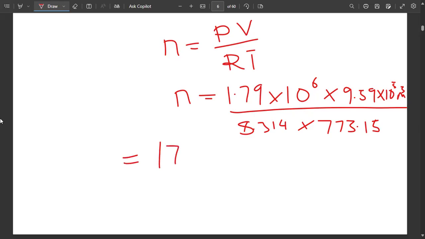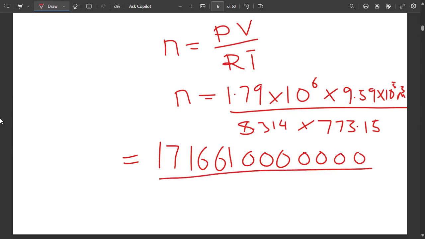I'm getting 17, 16, 61, and 7 zeros. 1, 2, 3, 4, 5, 6, 7. So I'm getting this huge number. I'm using a calculator on my phone, so I don't know how to convert this answer into exponents.